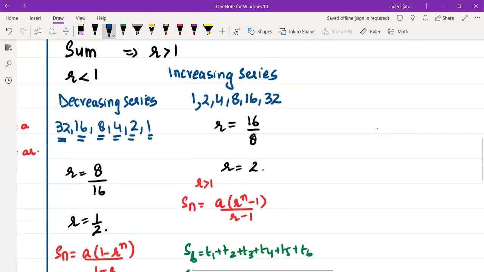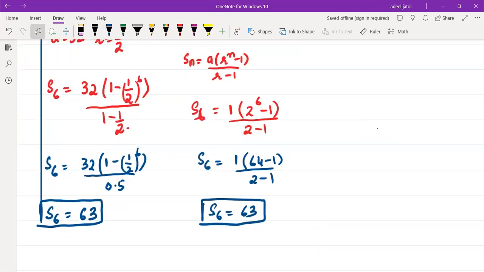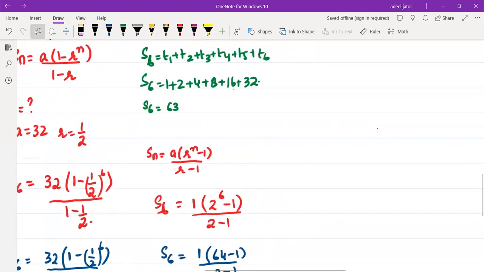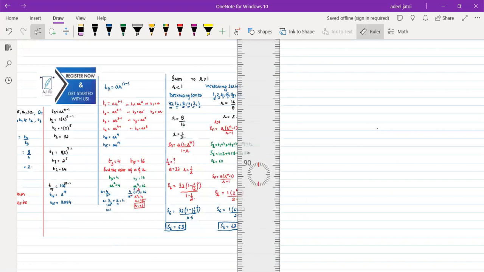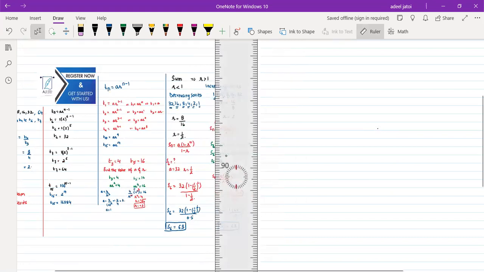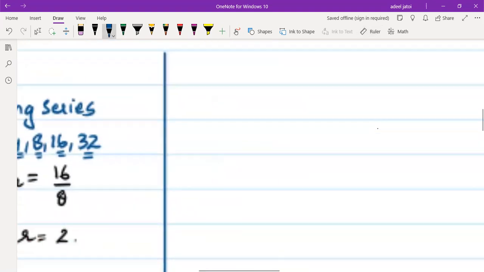We had 6 terms in the increasing series. Both had 6 terms, and obviously we had 63 for both sums. But if I increase the number of terms in the decreasing series.